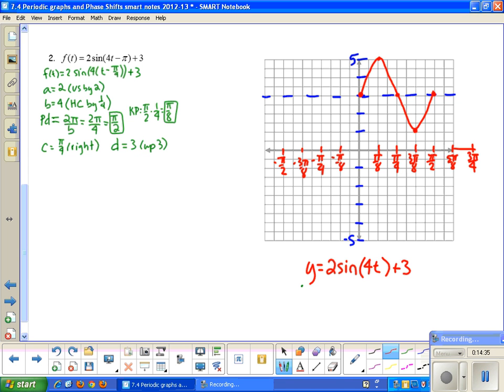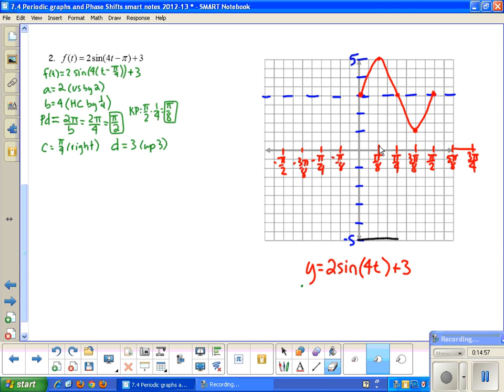However, remember, in this graph, we shifted it to the right pi over 4. So this is not my final graph. That means that I need to take each of these and shift them over a distance of pi over 4. Well, if you look at your key points, notice your key points are going by pi over 8. Pi over 4 would be the distance from here to here, which notice that it's 2 key points.